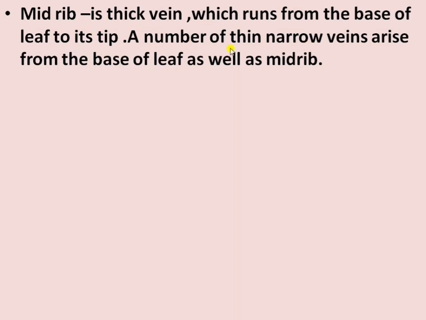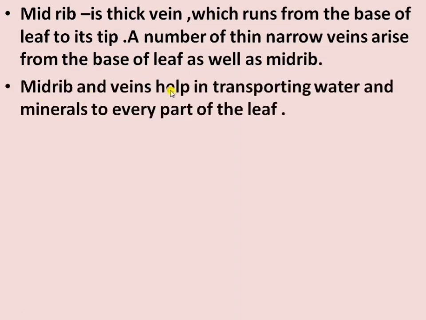A number of thin narrow veins arise from the base of the leaf as well as from the midrib. Midrib and veins help in transporting water and minerals to every part of the leaf, and also transport food from the leaf to other parts of the plant.